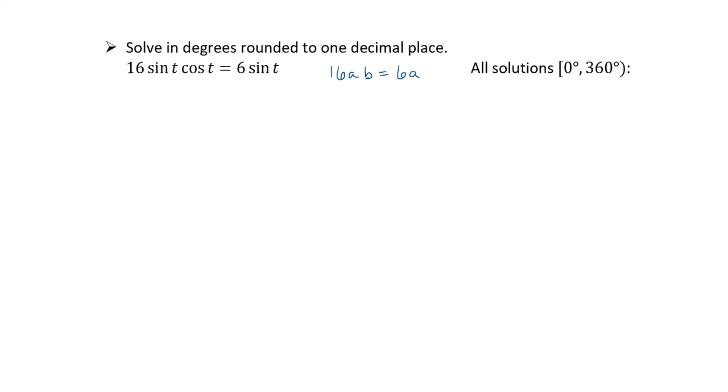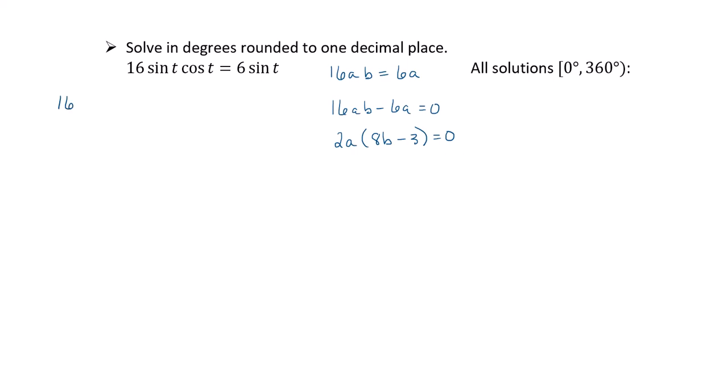If we were to try and solve this, we will want to get both terms on the left-hand side and equal to 0 so that we could factor out the greatest common factor. That greatest common factor would be 2a, and we'd be left with 8b minus 3 equals 0. So we'll do similarly on this problem.